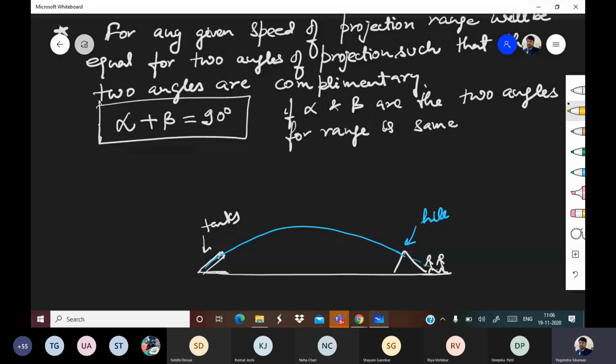Now the tank person, the gunner who was there, he had studied physics a little bit. So he thought, okay, this angle was alpha, so they are able to hide behind the hill. Let me take another angle, which is now 90 minus alpha. And this time, shell goes and hits those soldiers which were hiding behind the small hill.